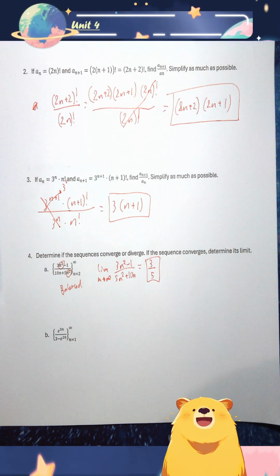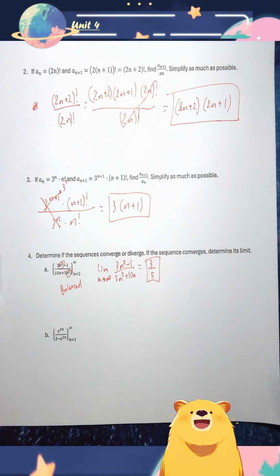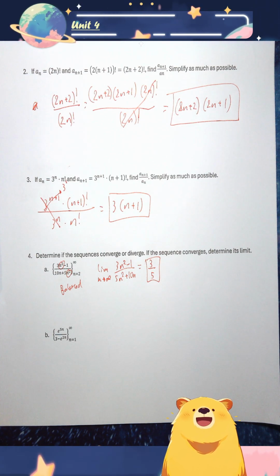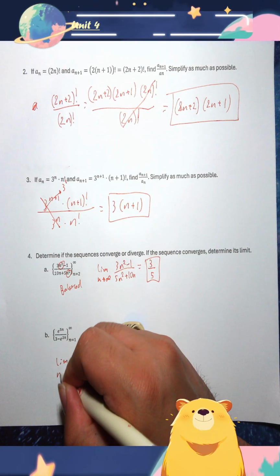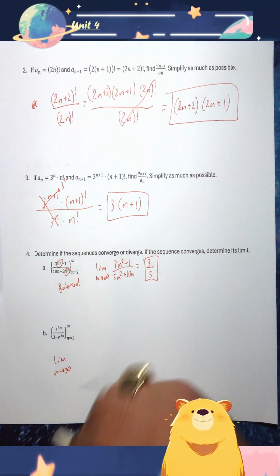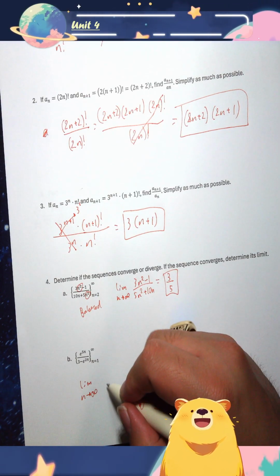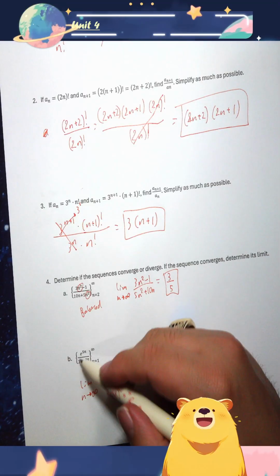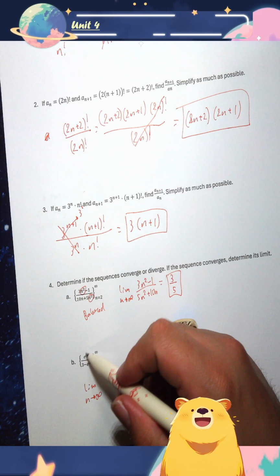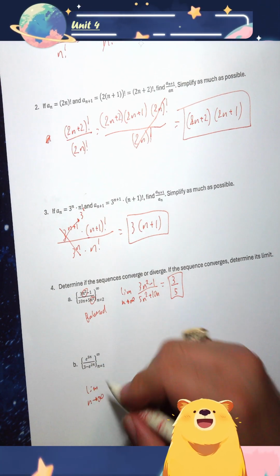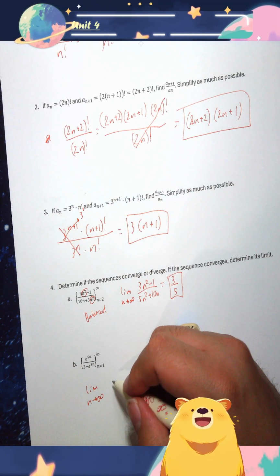All right, next we have determine if the sequences converge. Part B. I'm going to first write it out as its limit. And I think I'm going to do L'Hopital's rule because you can't directly combine these exponentials, but if I do L'Hopital, which I know I can because both of these go towards infinity, I can manipulate it that way.